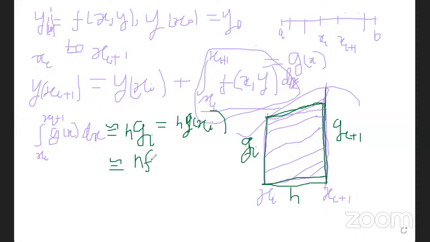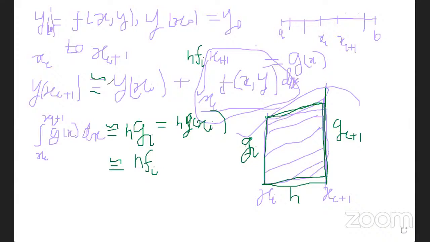So y at xi plus 1 is y at xi plus h times fi. But the problem we are facing here is that this equality becomes an inequality.